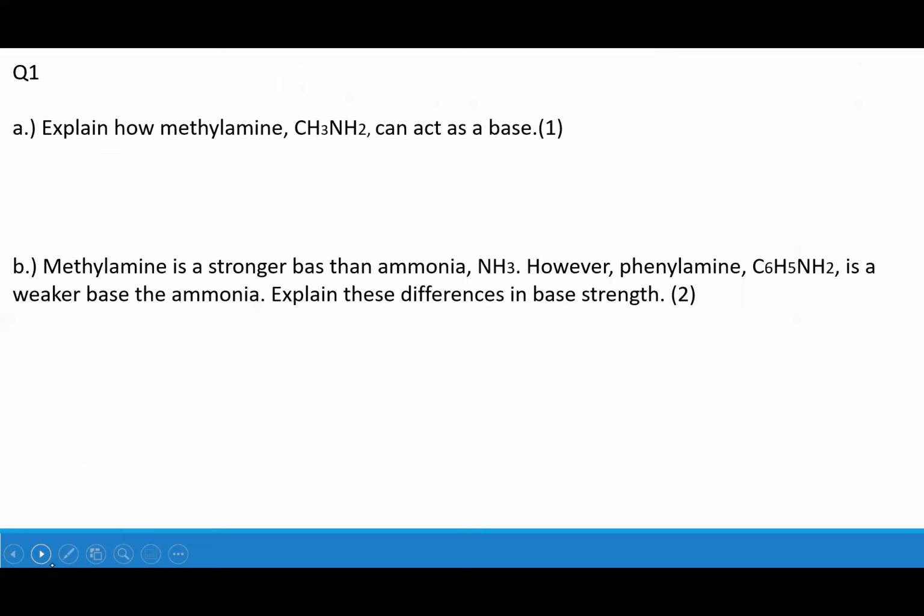So the first question, you're asked to explain how methylamine, and you're given the formula, can act as a base.